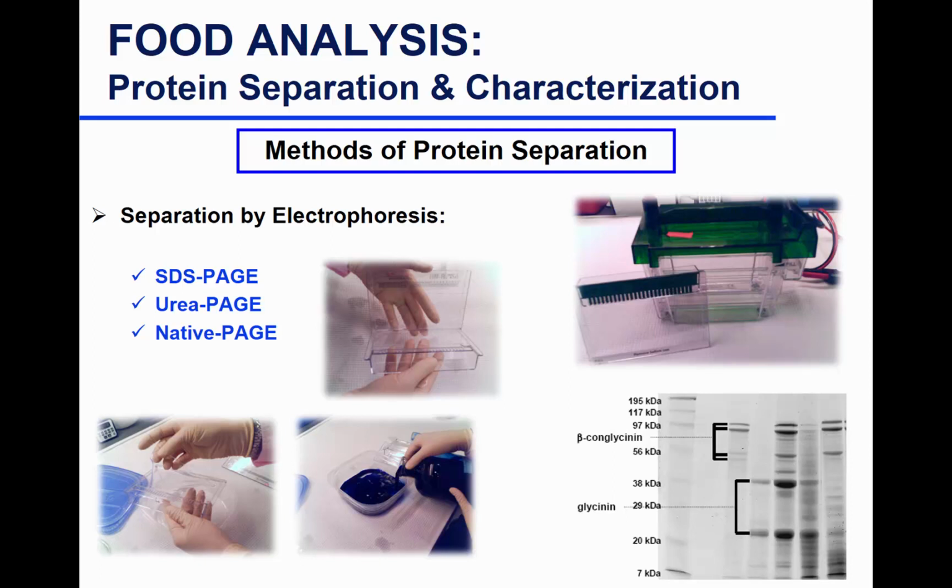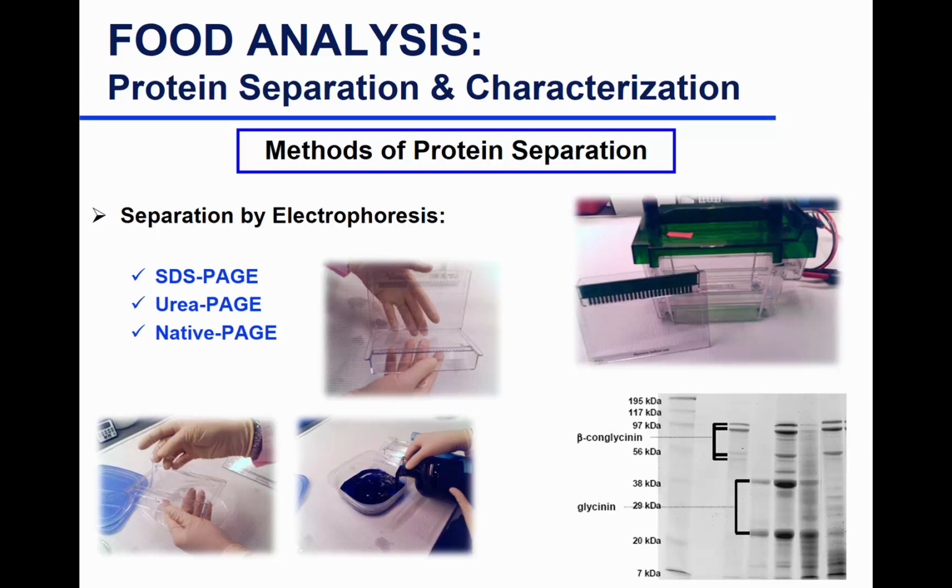Some proteins are very similar in molecular weight, but they differ in charge, so you really want to separate them on the gel. You'll see that in chemical reactions when you separate casein, for example, you won't be able to separate them very well with SDS-PAGE. They will all come clumped together. But when you use Urea-PAGE, you can separate beta casein from alpha S1, alpha S2, and kappa casein, because these proteins differ in charge.